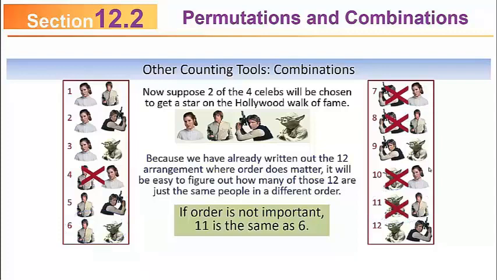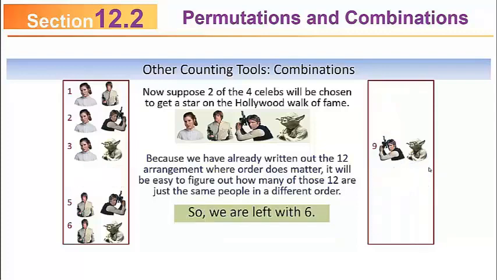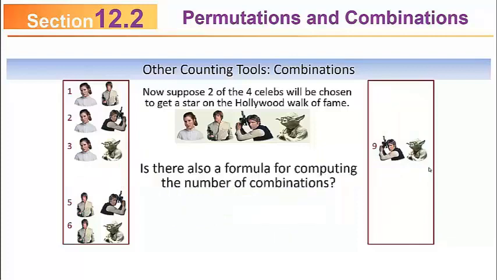It's a duplicate. And then finally, you've got Han and Yoda, and number 12 is Yoda and Han, so you can get rid of number 12. And that leaves you simply with 6, where you're just giving them a star. The order doesn't matter. Is there a formula for that?